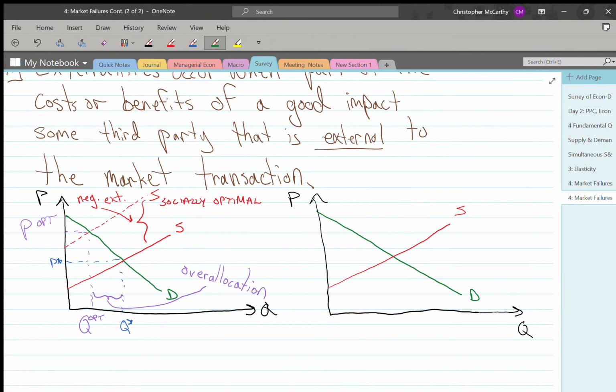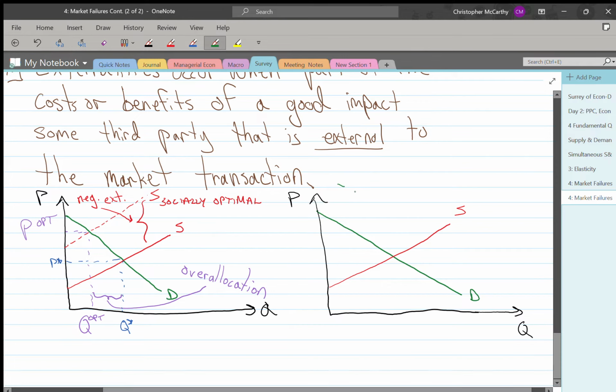With positive externalities, there's a willingness to pay on all of the consumers that's not being reflected in the aggregate demand curve. So we have a demand that is encompassing all the willingness to pay.